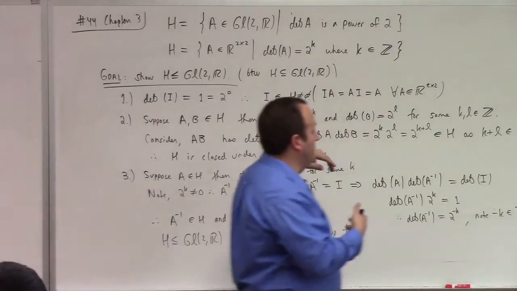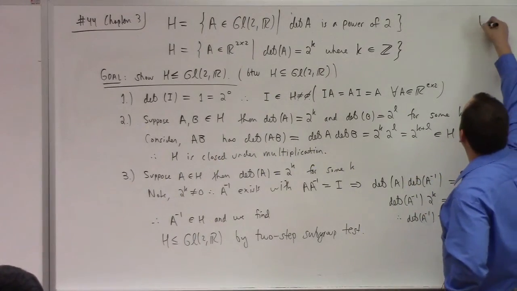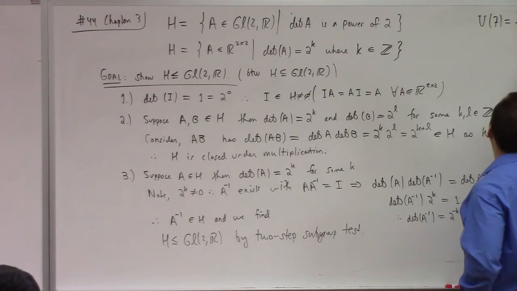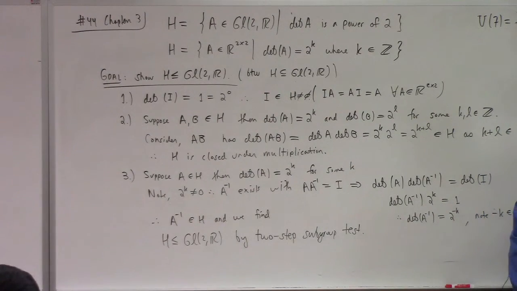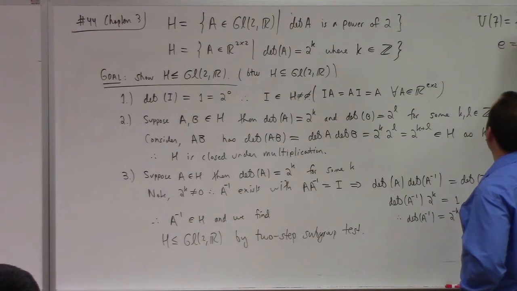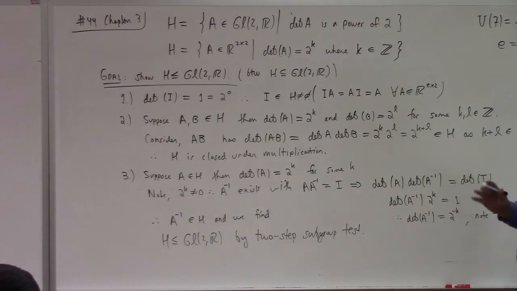For example, in U7, the elements 1, 2, 3, 4, 5, 6 with multiplication done mod 7, the identity element is 1. That is the only identity element. There are other quote unquote identities in the sense that we use the term identity to express something that's true for all variable values, but that is a different use of the word.